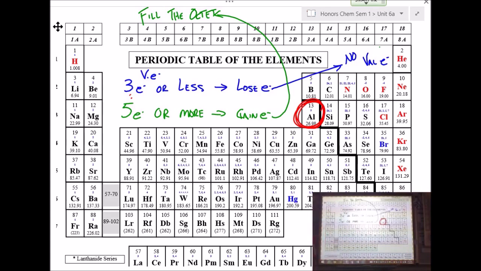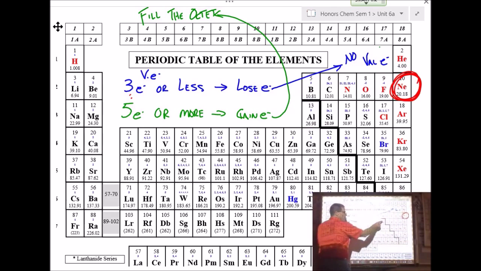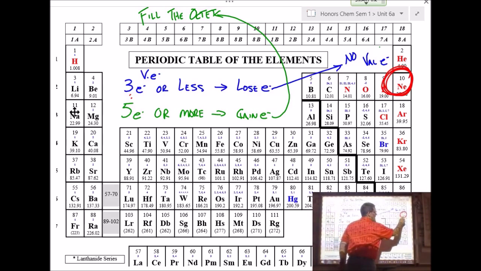Remember, we talked about isoelectronic last time. Good, neon. So it'll lose those 3, because how many valence electrons does aluminum have? 3. And so if it loses those 3, 1, 2, 3 are gone, and it started with 13, it now has how many total electrons? 10, which is the same number as neon. Okay. So that's how we think about it.